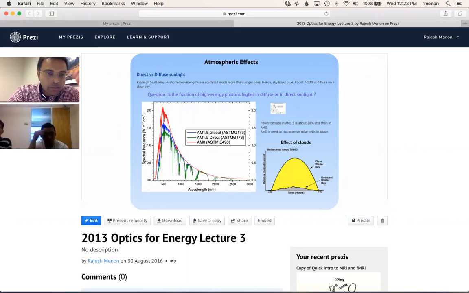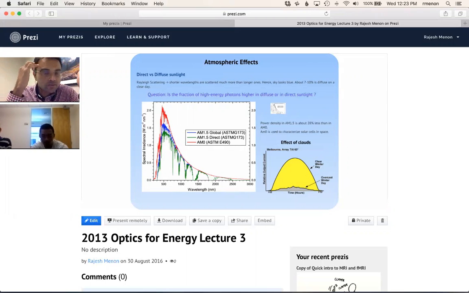So think about it this way: if you look at the sun, it's the direct light that reaches your eye. During noon, if you look up at the sun, it looks white because almost all the wavelengths reach your eye equally. Whereas during the morning or evening, the shorter wavelengths are scattered away. So you see more of the longer wavelengths, which are not so much scattered.